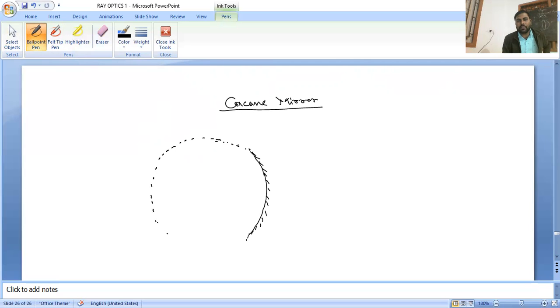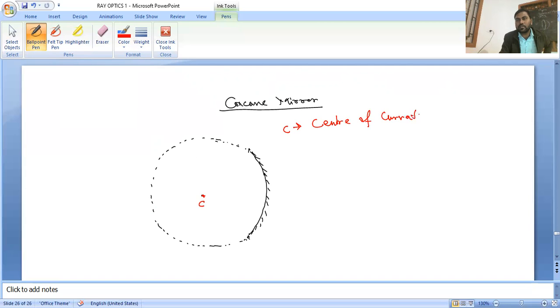This hollow sphere, this portion is cut down, and this is a part of this sphere. If this is a sphere, there must be a center, and that center C is known as the center of curvature.